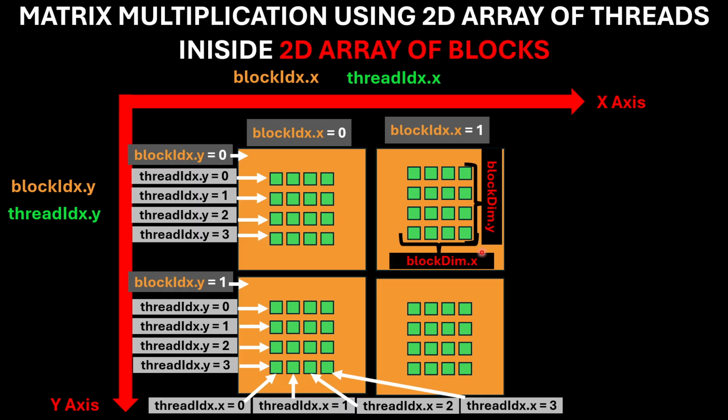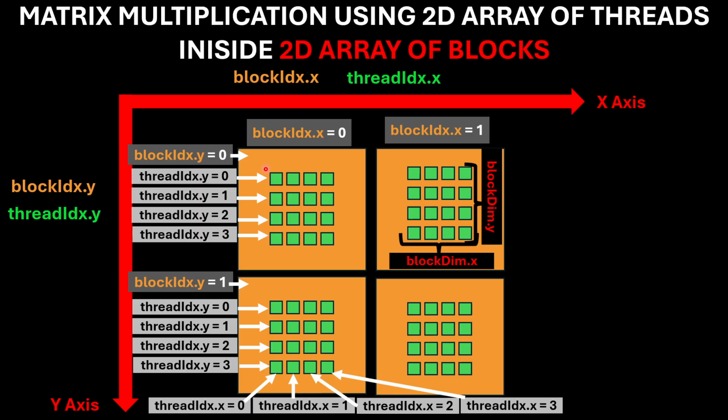This is the dimensionality of the block in the x direction, and this is the dimensionality of the block in the y direction, and this could help us to jump from address to address and help indexing. So we can know which element we are calculating and what we are doing.